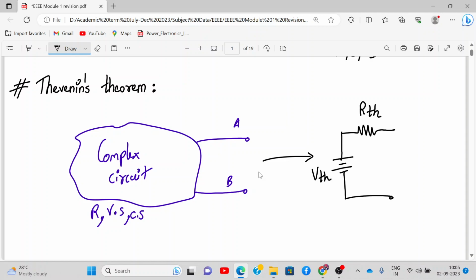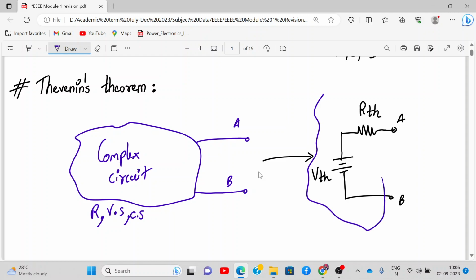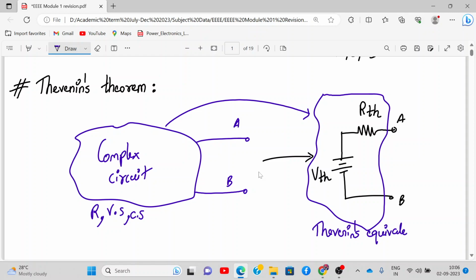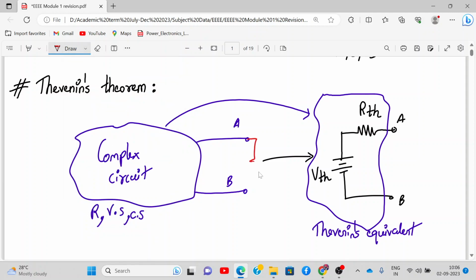So this entire circuit over here between A and B has been converted into a single voltage source VTH in series with a single resistance RTH. Did you get it? So this is my complex circuit, and this is the Thevenin's equivalent. Between A and B we can connect a load resistor RL.